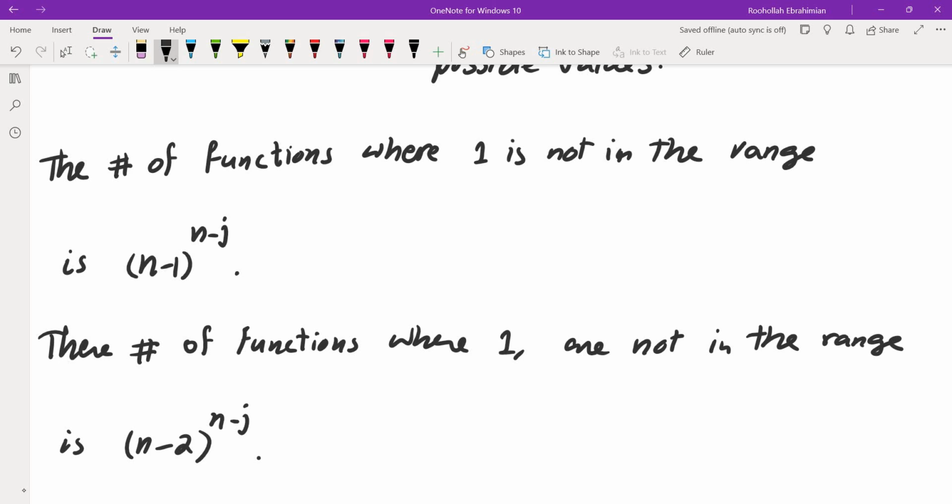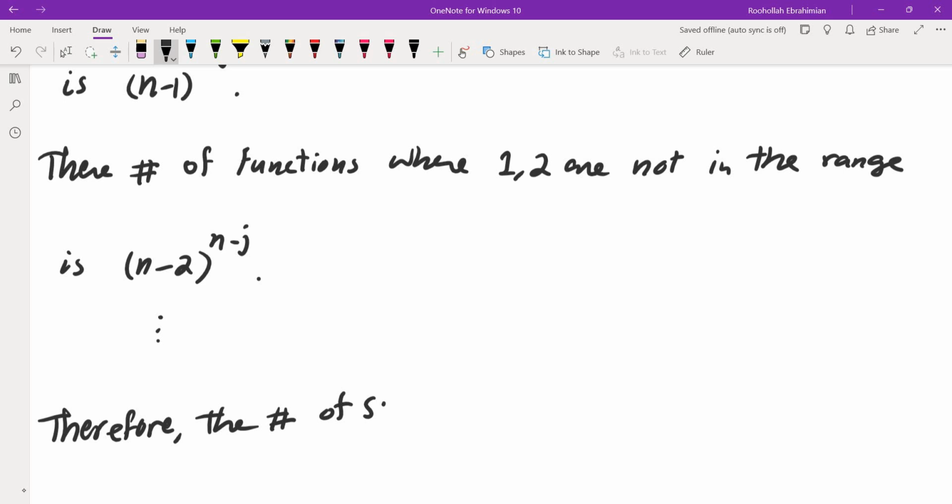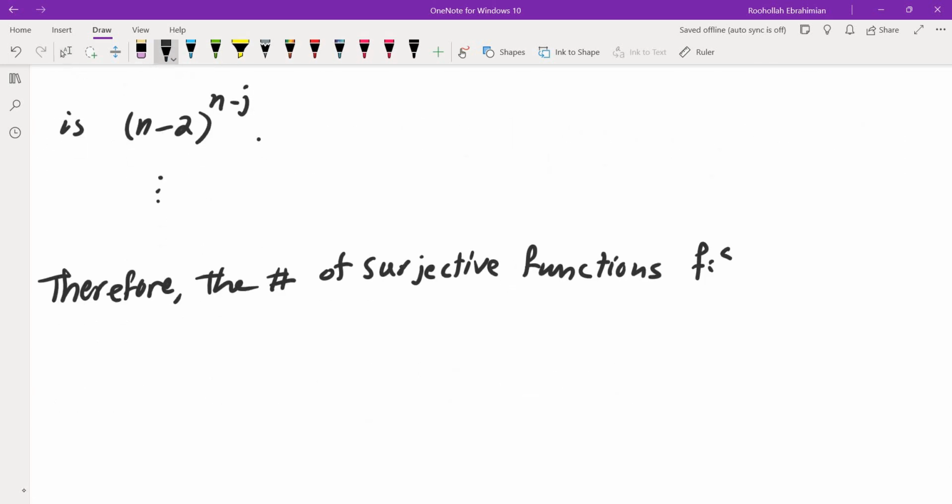And you can just repeat that. So therefore, the number of surjective functions f from 1 through n minus j to 1 through n is, so the first one is n to the power of n minus j.